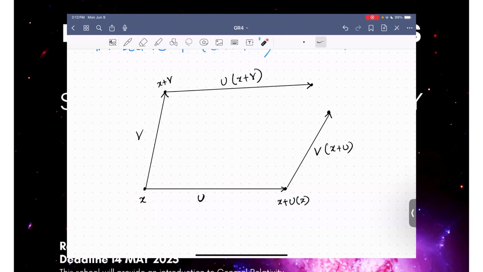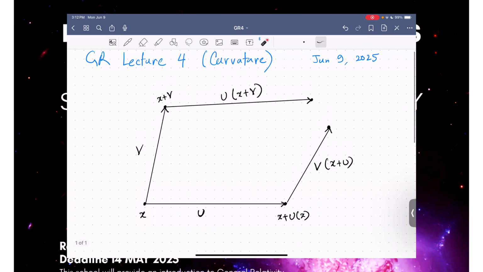Okay, so back to our setup. Starting from a point x, and given two vector fields u and v, we have defined some neighboring points of x. You can either first follow u, then follow v, or first follow v and then follow u.